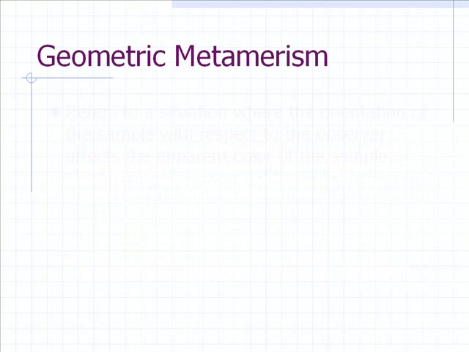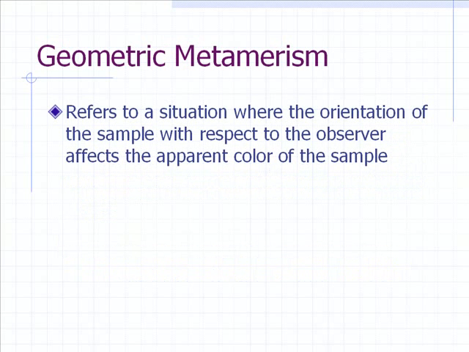Geometric metamerism refers to a situation where the orientation of the sample with respect to the observer affects the apparent color of the sample. If you hold it in one direction, flip it the other direction 90 degrees, then it may look completely different. That's more common in plastics, say in sheet material or a film material where there's a lot of orientation in one direction.